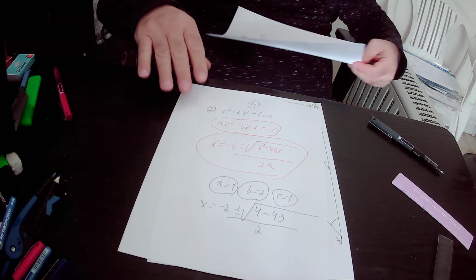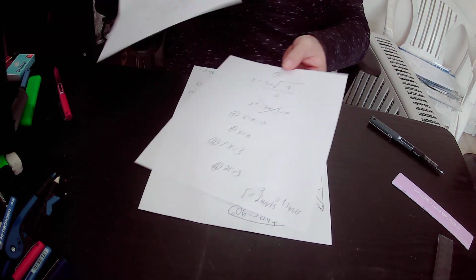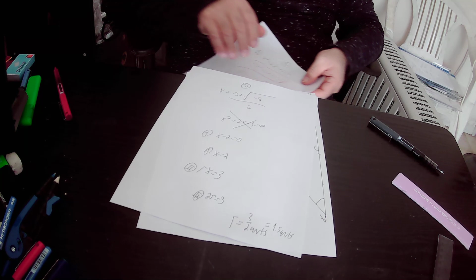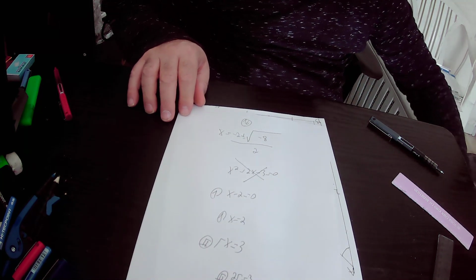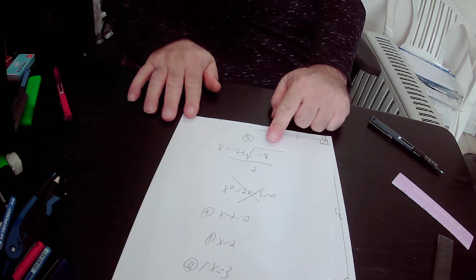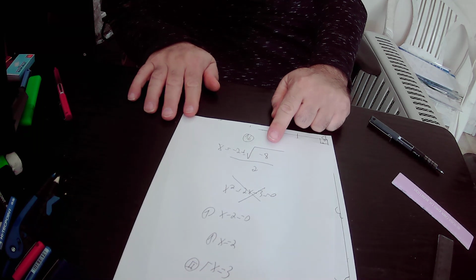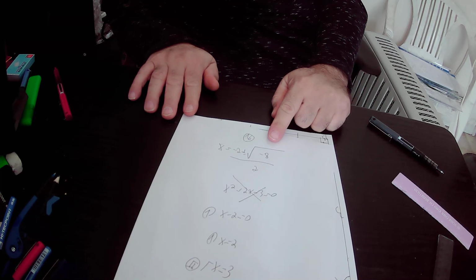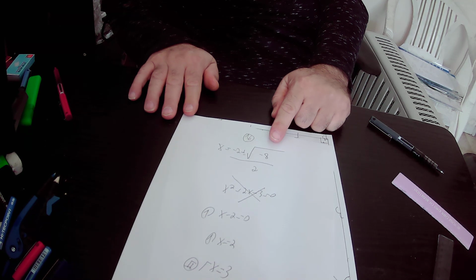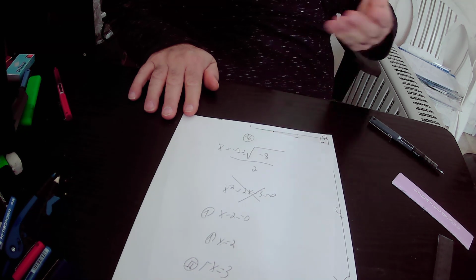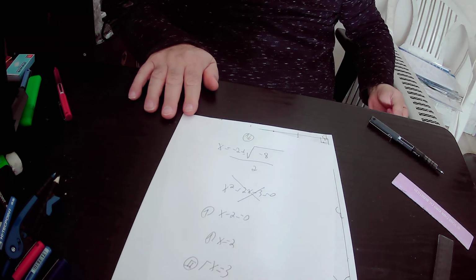So in total we got that x equals minus 2 plus minus the root of 4 minus 12, which is minus 8. And there is no root for a negative number, so there is no root for minus 8. Therefore there is no solution to the quadratic equation x squared plus 2x plus 3 equals 0.